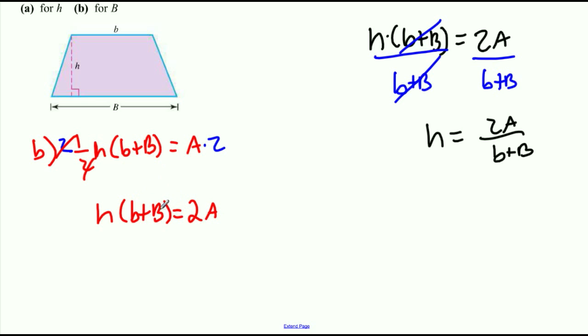Again, my goal is to solve for capital B. So I need to get rid of both my lowercase b and my h. Since the h is being multiplied, I'm going to get rid of the h by dividing both sides by h. So now I'm left with b plus B equals 2A all over h.